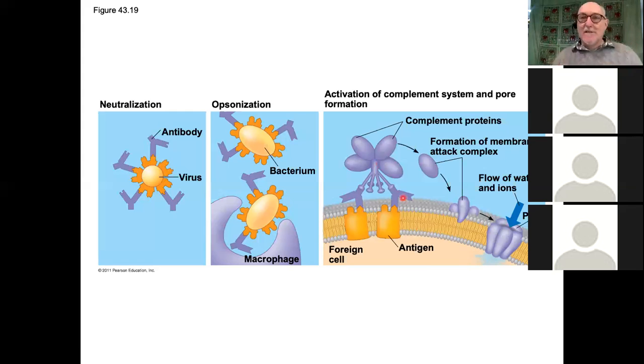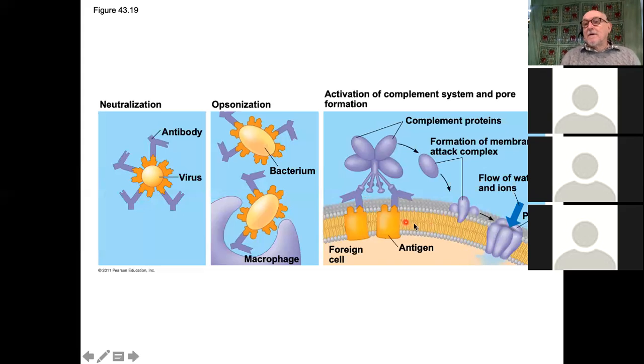It does numerous things, the complement. But one of the really amazing things is that the complement proteins actually punch holes in the cell membrane of the bacterium. And when they punch those holes through, the integrity of the cell membrane is destroyed and the cell can no longer function. And so it dies.